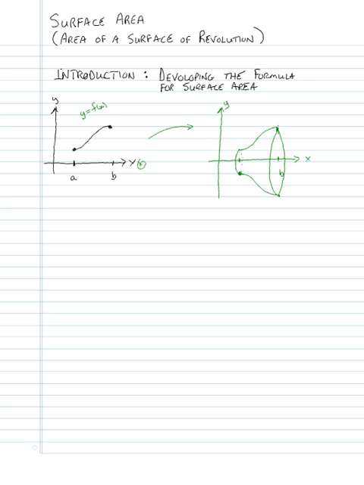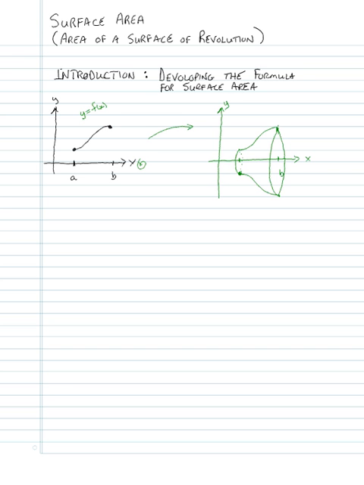Now, regardless if this is a solid or just a surface, and really in this case it is just a surface because we're revolving only the curve about the x-axis. We're not revolving a region, an area, about the x-axis, so we do just have the surface here.